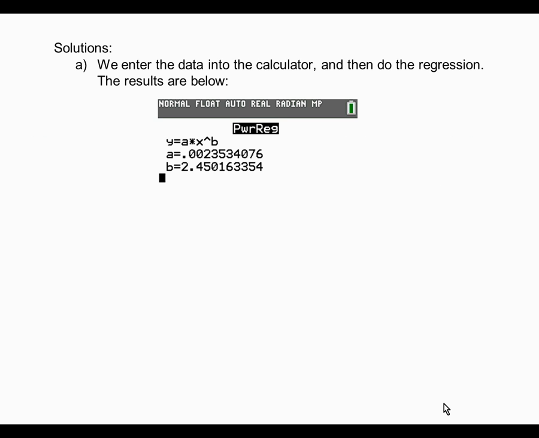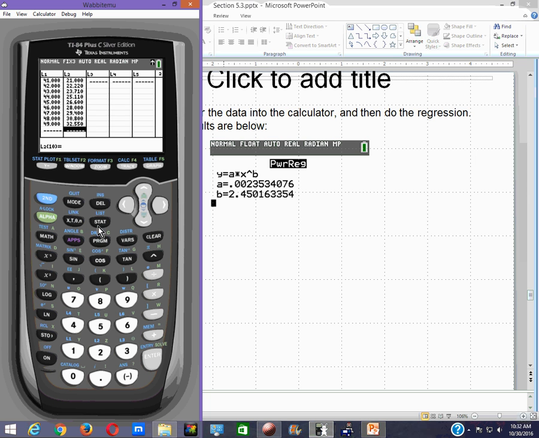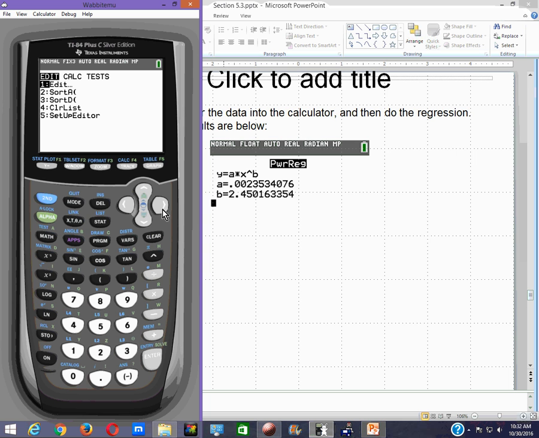So again, after entering the data, I got all this. Let me do second, quit, stat, calc. It was choice A, power. Don't need to store it. Oh, I have to scroll down to calculate, don't I?